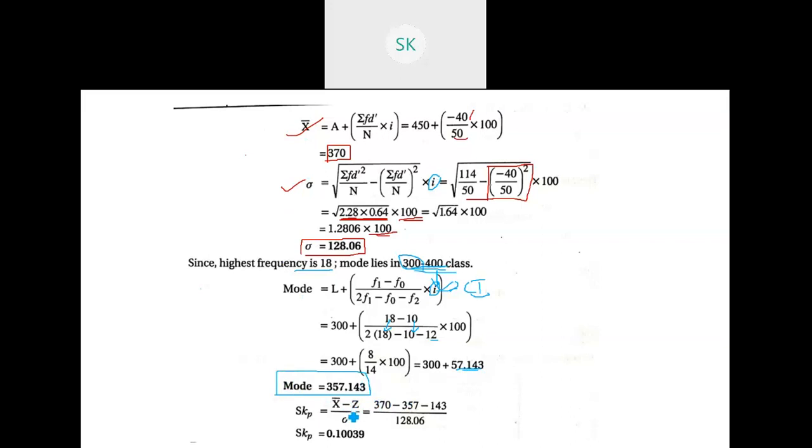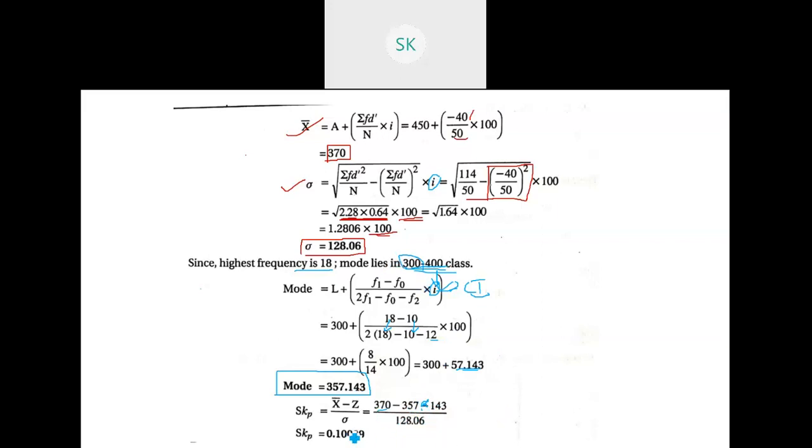Let's find out skewness. So x bar is 370 minus mode value is 357.143, divided by 128.06.